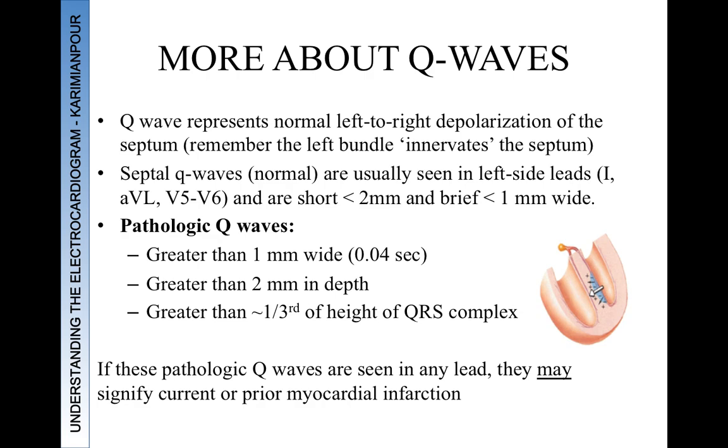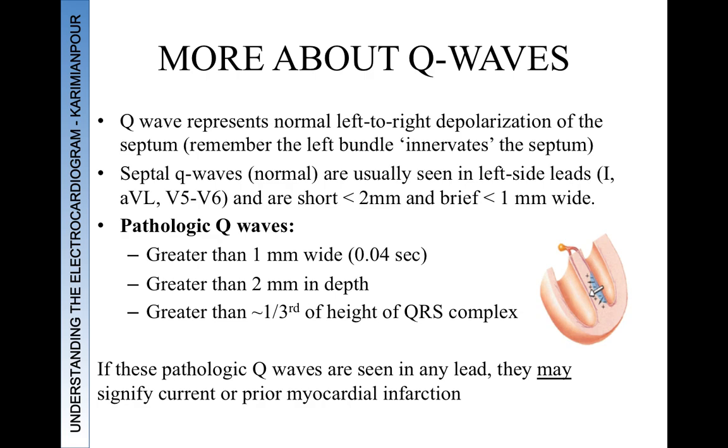Again, the septum is depolarized from left to right because the left bundle gives off Purkinje fibers starting at the base of the heart, whereas the right bundle starts giving off Purkinje fibers starting at the apex. So left to right depolarization of the septum, and septal lowercase q waves, are normal.